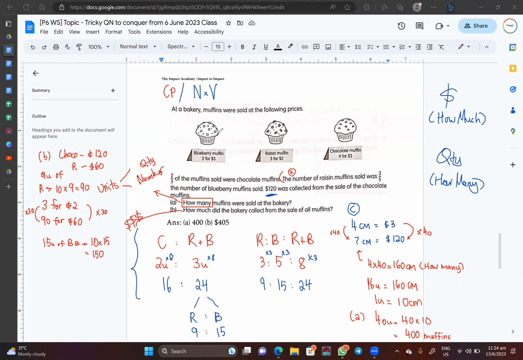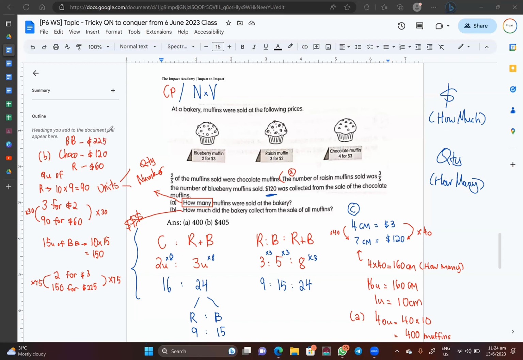So for blueberry muffins, we know that they sell 2 for how much? 2 for $3. And if I have 150, how do I get from 2 to 150? I times 75. You agree so far? So when I do something to the left, I must do something to the right, and therefore over here, 150 blueberry muffins, I will simply receive $225. So I'm just going to write over here, blueberry, I will receive $225.